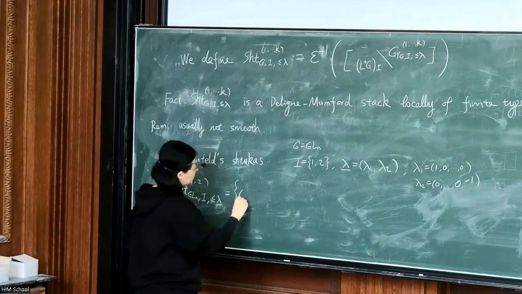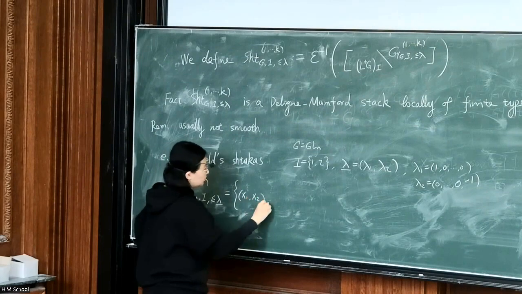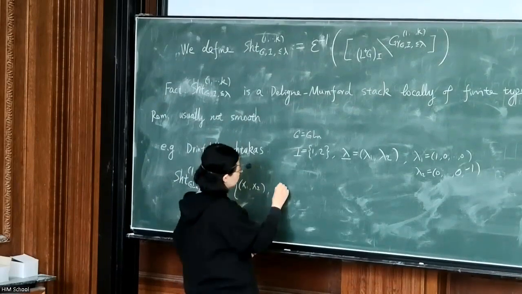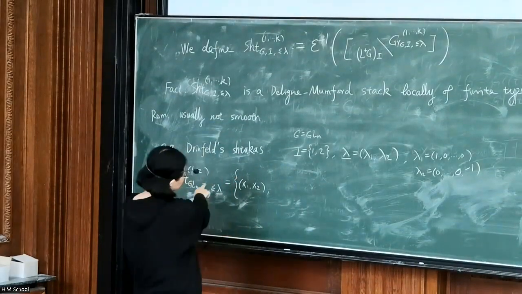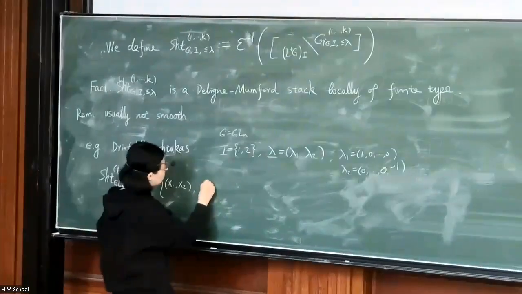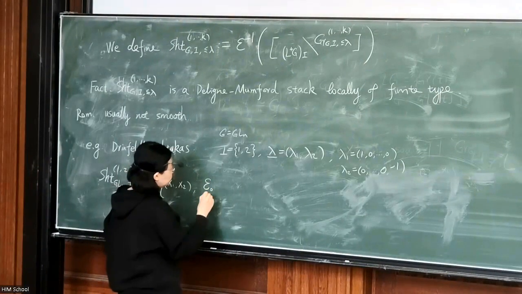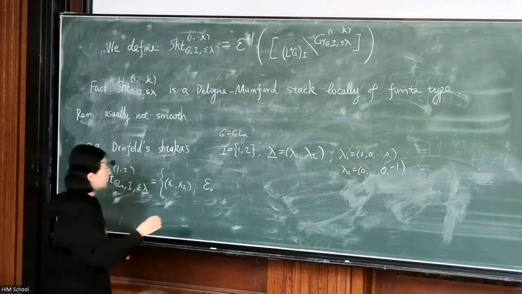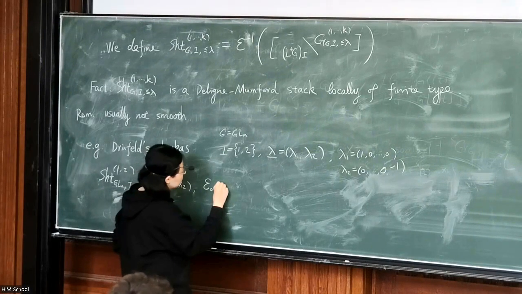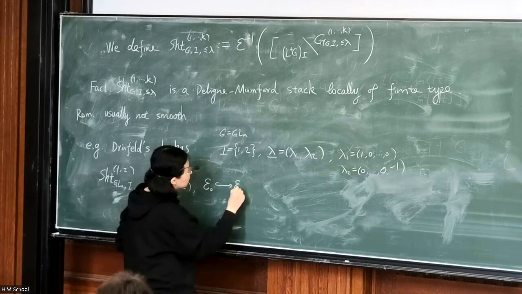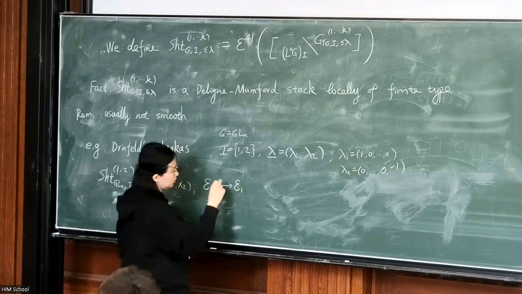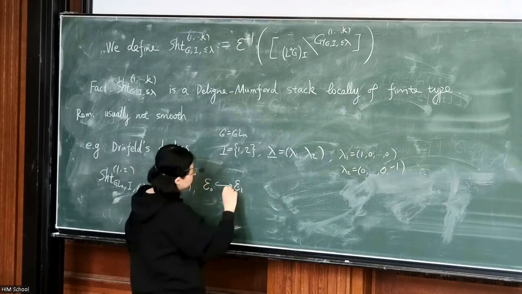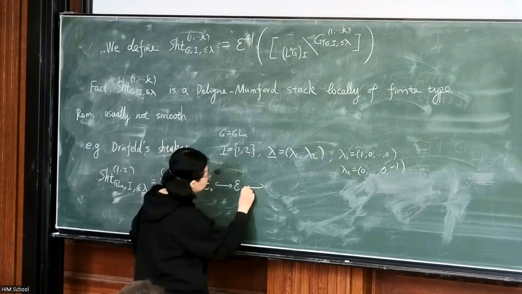So in this case, you have two points, and in GLn case, your G-torsor classifies rank n vector bundles. So you have a vector bundle, and now the dotted arrow, I can write it really as a map, but it is not defined everywhere.